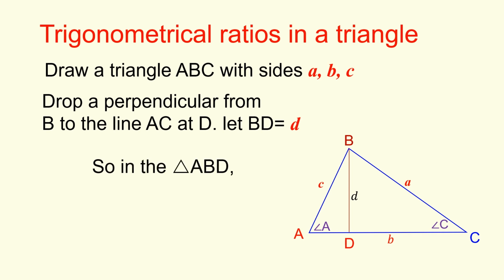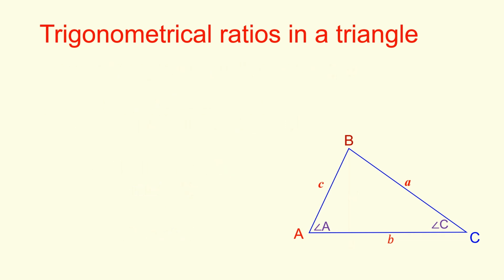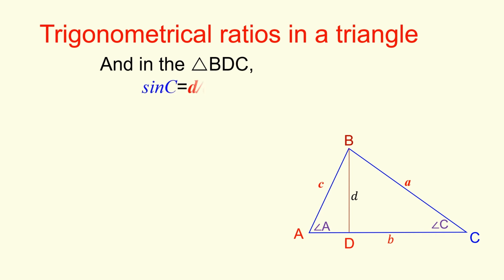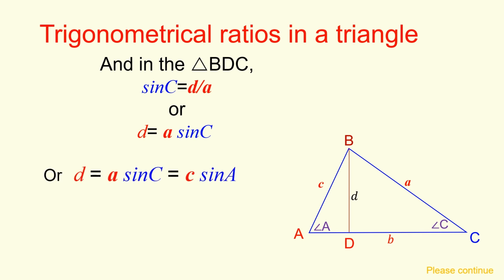So in the triangle ABD, sine A equals d by c, or d equals c sine A. And in the triangle BDC, sine C equals d by a, or d equals a sine C. So a sine C equals c sine A, or a by sine A equals c by sine C.